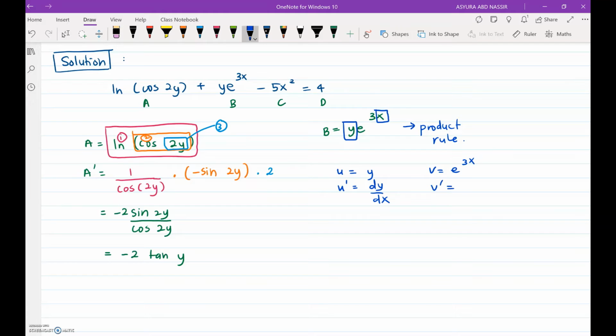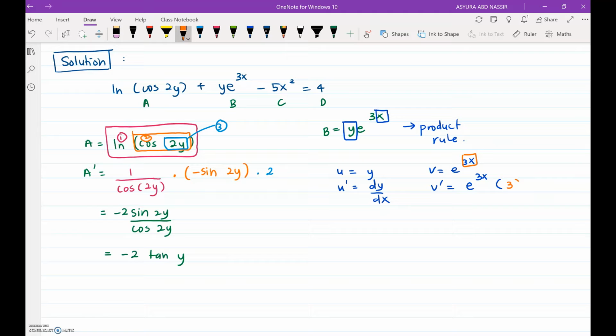Differentiate your v: the exponential you rewrite, and then times the differentiation of the power.